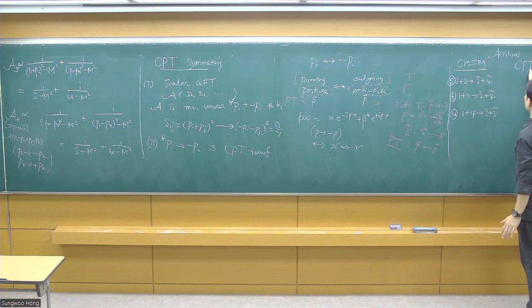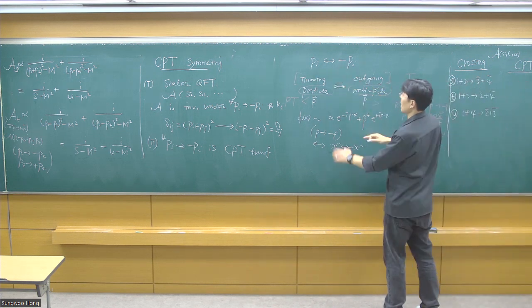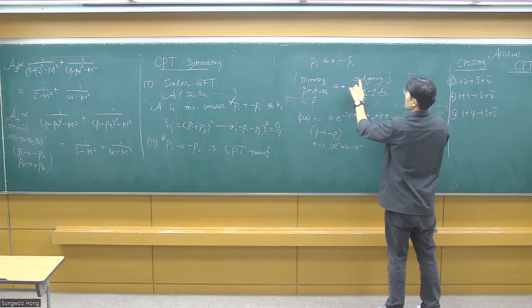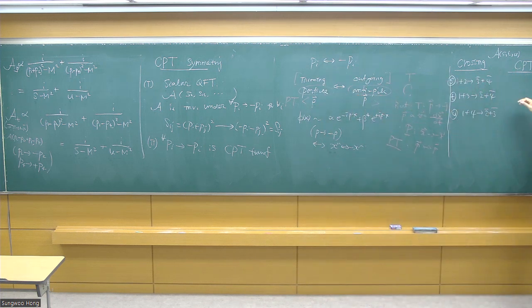Now CPT, what it does is that you flip p to minus p, but that's the same as flipping incoming to the outgoing, the particle to the antiparticle. So let's apply CPT to each of them. That means that I make 3 incoming but remove the bar. So it becomes 3 plus 4 goes to 1 bar plus 2 bar. Is that clear?